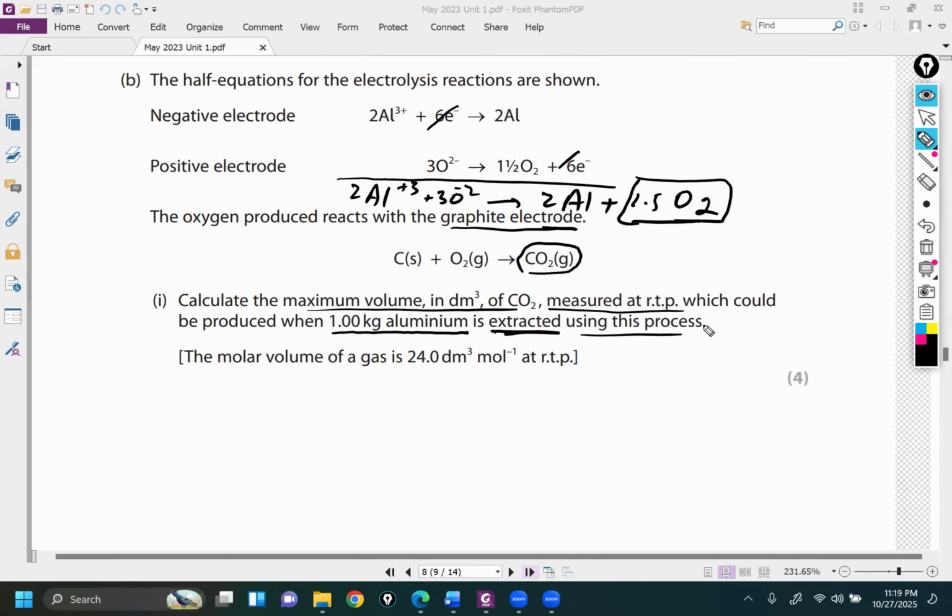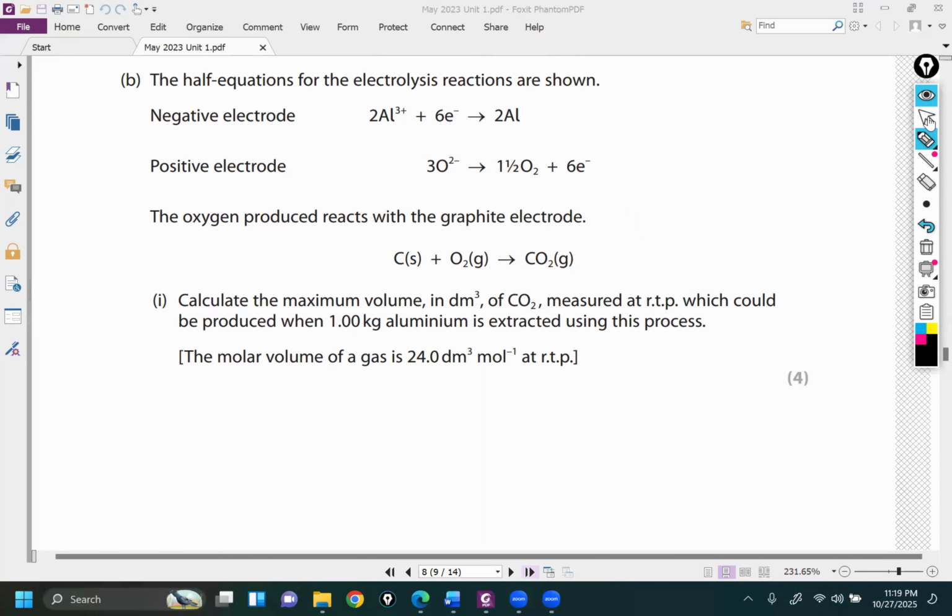The molar volume of a gas is given, which is 24 dm cubed at RTP. The given data is aluminum, 1 kilogram is extracted. We will see first how much oxygen we can produce with this 1 kilogram of aluminum. And this oxygen then will produce the carbon dioxide, and what will be the volume of this carbon dioxide.